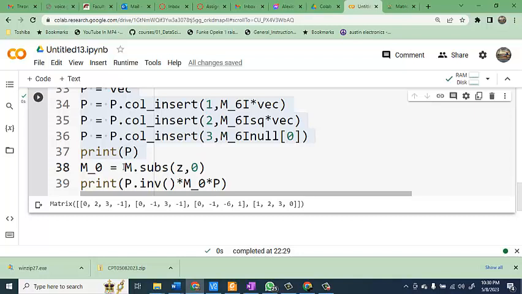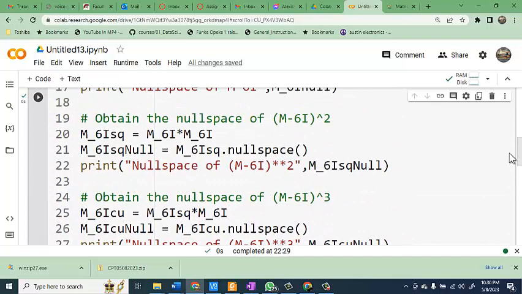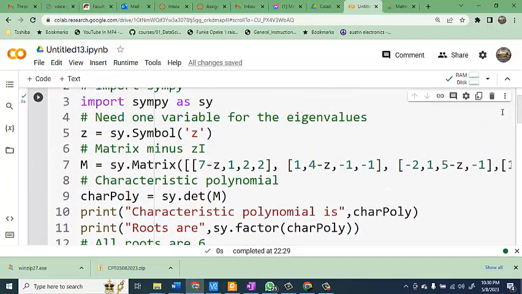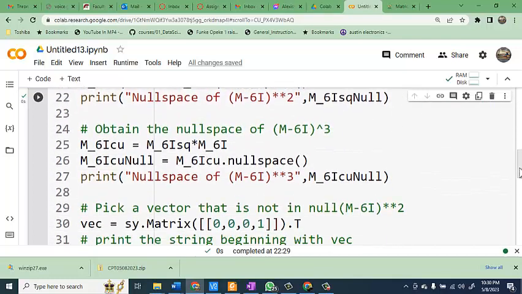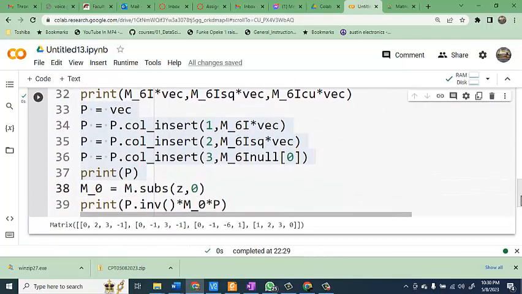Okay, so here what I did was I took my M up here, which I used to get the eigenvalues, and I just put z equals 0. That gives me my original matrix M. Then I applied the change of basis matrix to that: P inverse times M times P. And you'll see magic, what happens.